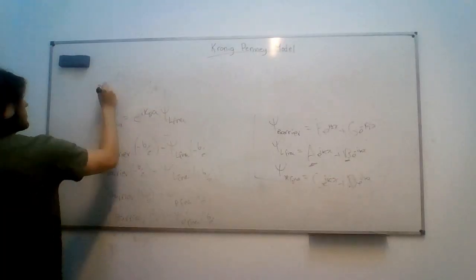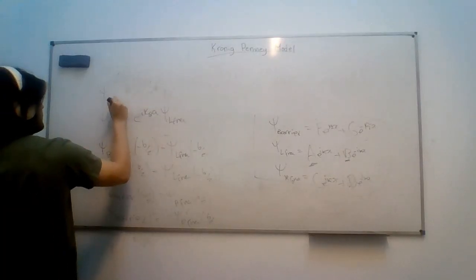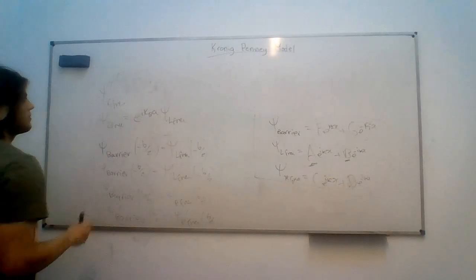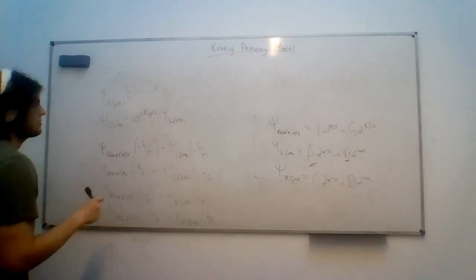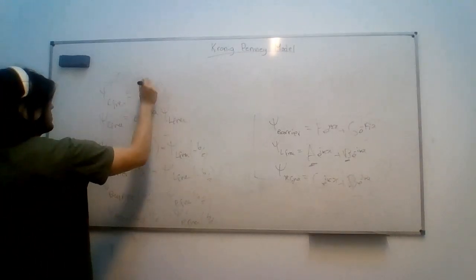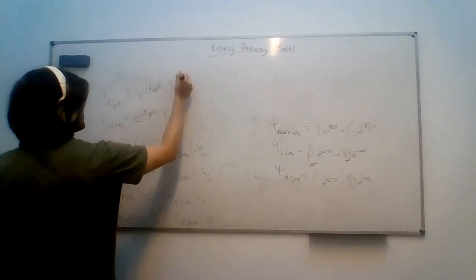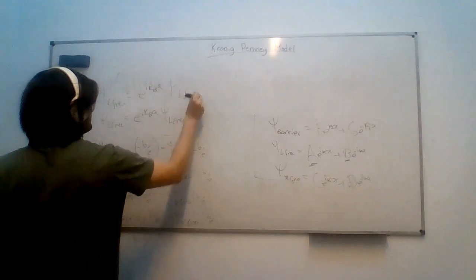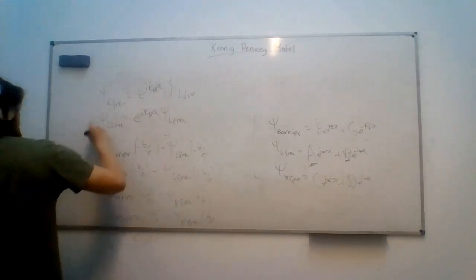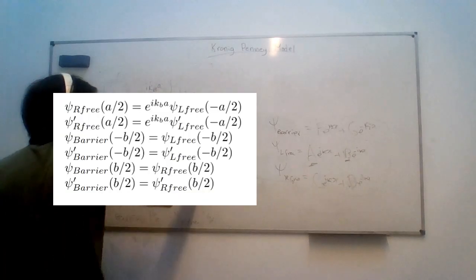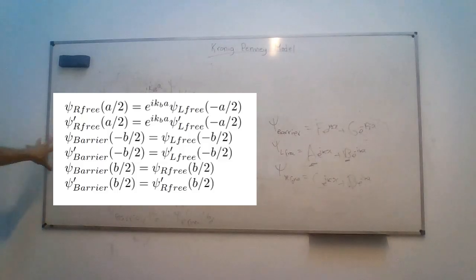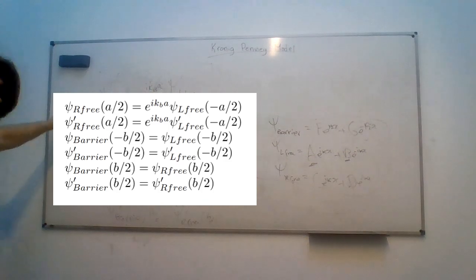So psi r free prime, or dash, whatever, is going to be equal to still this constant offset factor, and the derivative of psi L free. And now we have all of the equations that have to be satisfied simultaneously for our toy model to be physical.